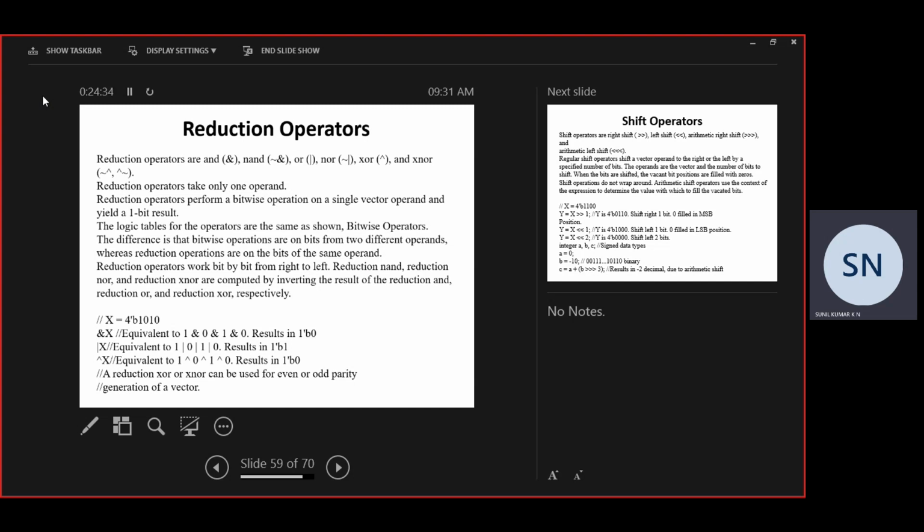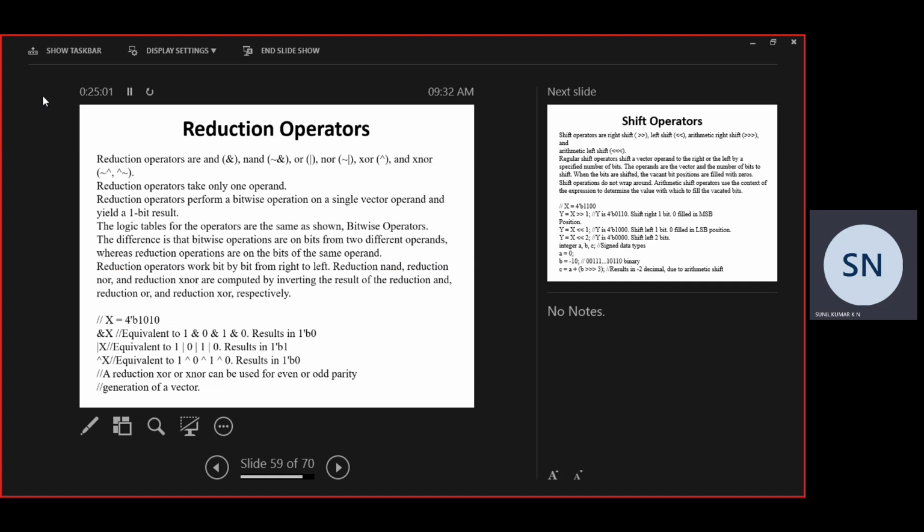So x is equal to 4'b1010. This we call reduction AND because only one operand is there. All the bit positions: 1 and 0, 0 and 1, 0 and 0, 1 and 0. It performs on all the bits and results in 1 bit, so it is equal to 0.